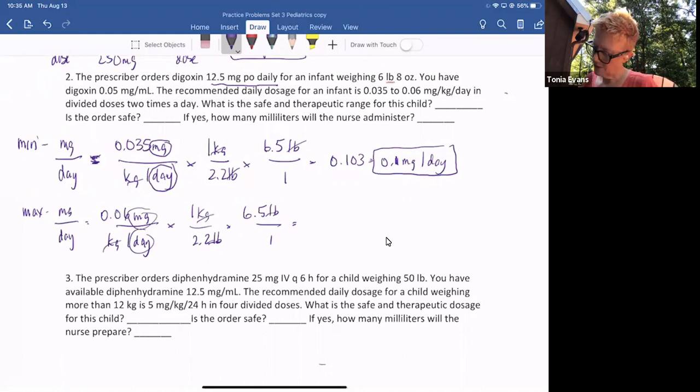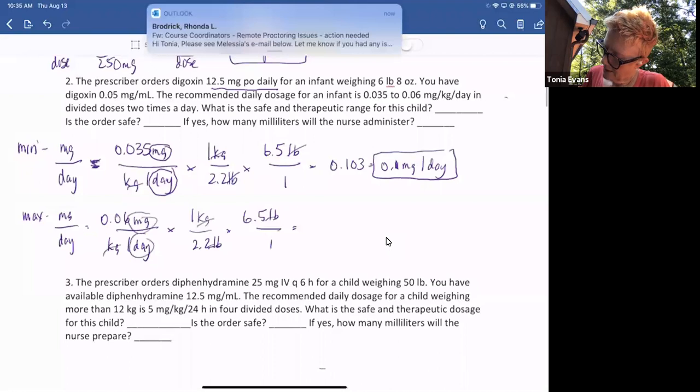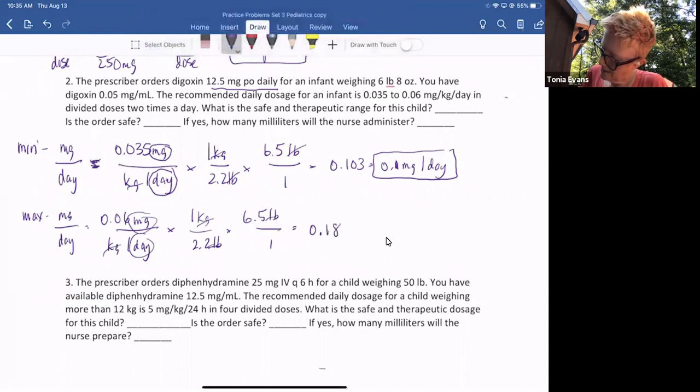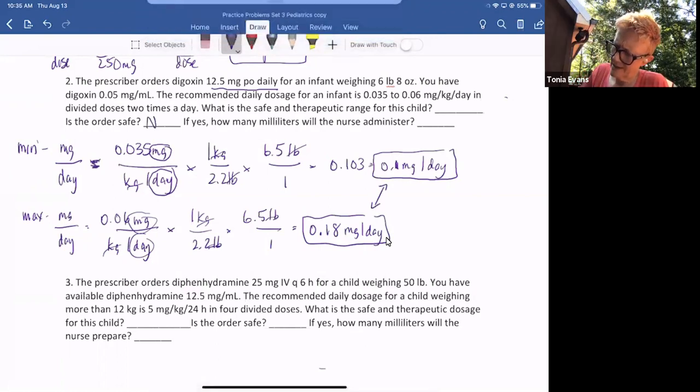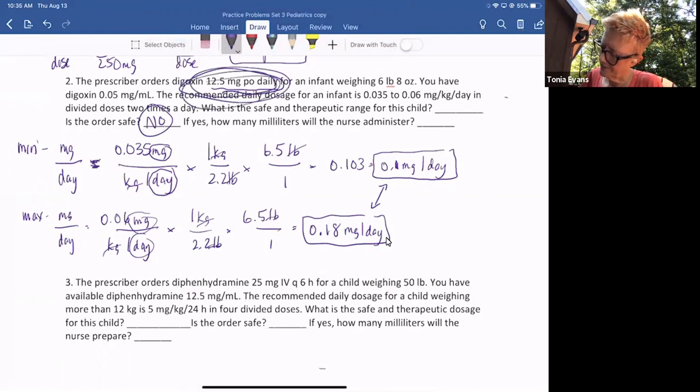It's going to be 0.06 times 6.5 divided by 2.2 equals 0.18 milligram per day. Okay, so there's our range. Is the order safe? No, absolutely not. This is way out of range.